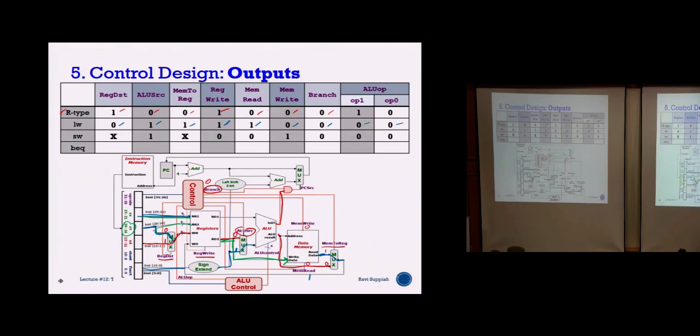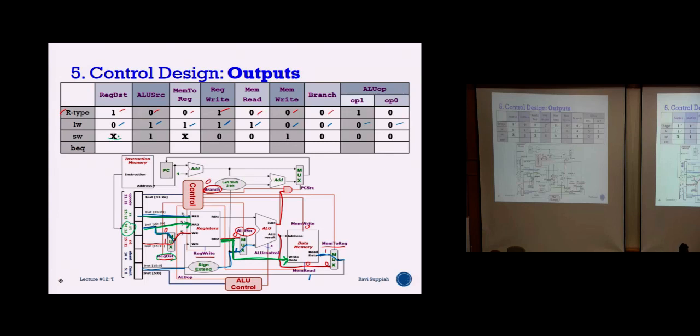Why? Because from here to here is already hardwired. The bits 20 to 16, which is RT, already go directly to read register 2, which will provide me with the data over here. That is the data that is going to be written to memory. So whether my register destination is 0 or 1 makes no difference to me. That is why we say don't care.